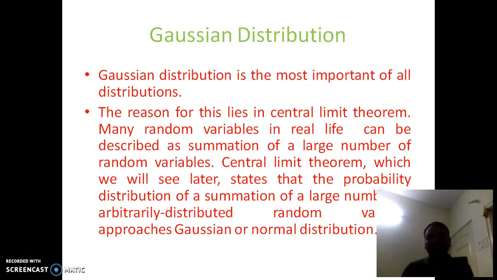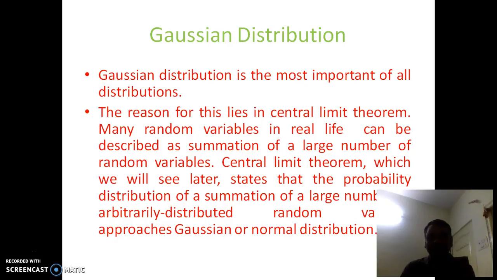Next, let's see Gaussian distribution. Gaussian distribution is the most important of all distributions. The reason for this lies in central limit theorem.